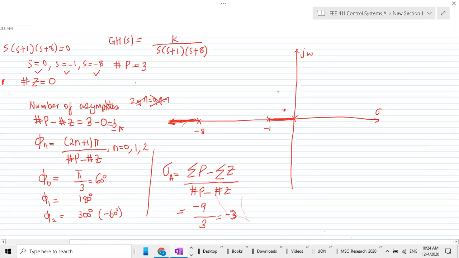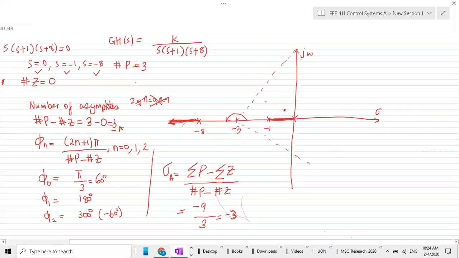So these angles actually start somewhere. Let's say this is minus 2, and we have this minus 3. So we'll have our 60 degrees here. Another one is minus 60. And then we have 180 as this one, and this one follows from minus 8 to infinity.